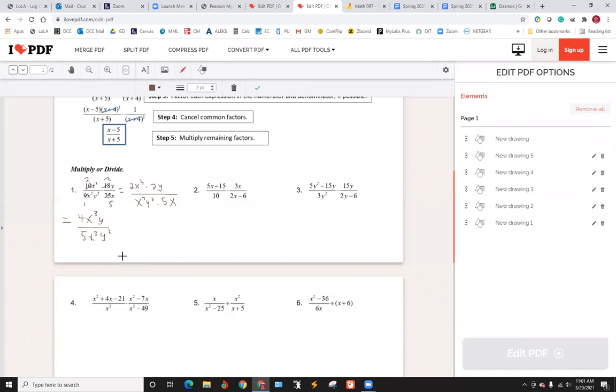All right, now the x cubed and the x cubed are gone, and one of the y's is gone. So up in the top, you just got 4, and you got 5y.